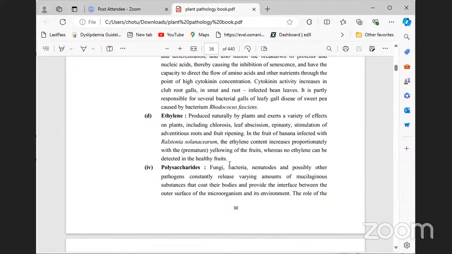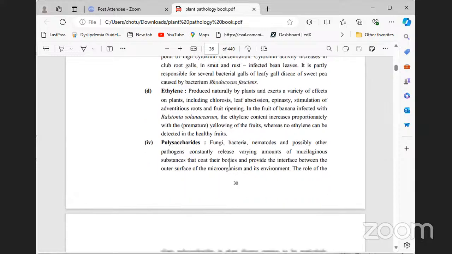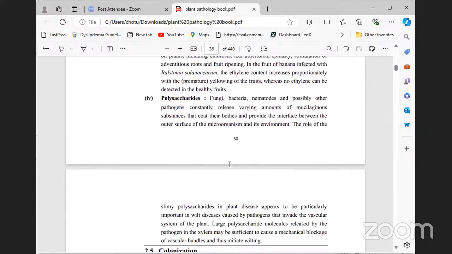In the fruit of banana infected with Ralstonia solanacearum, the ethylene content increases proportionally with the yellowing of the fruit, whereas no ethylene can be detected in the healthy fruit. This is the ethylene.